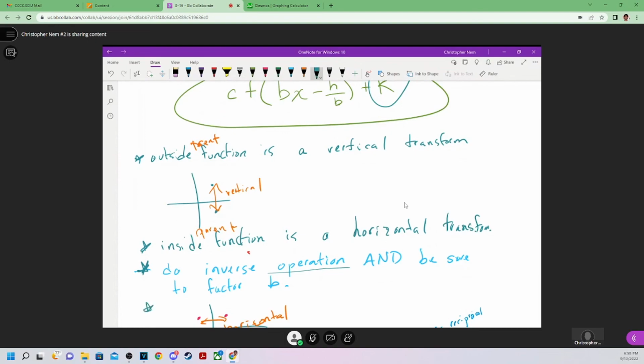And then the last star will be reciprocate horizontal stretch or compression. If it's a horizontal stretch or compression, your factor is always going to be reciprocated. You have to flip it.